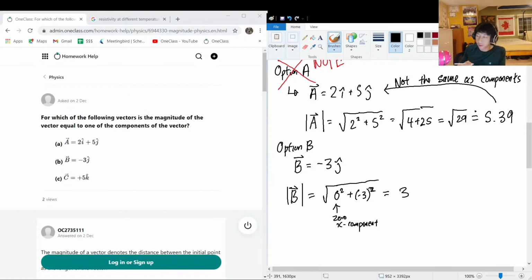Now, we have a magnitude of 3. And does that match? Absolute value matches. Just keep checking.